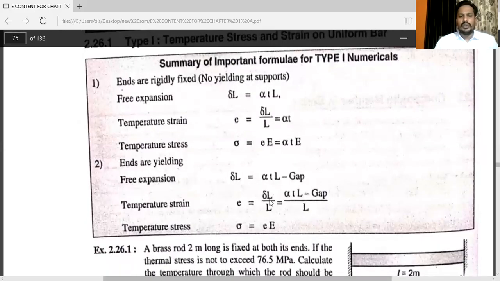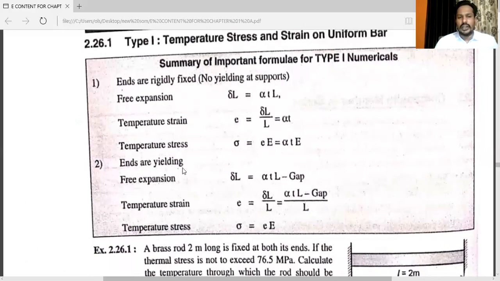Temperature strain e is equal to delta L upon L. If the condition is ends are yielding, then alpha into T into L minus gap upon L, and temperature stress sigma is equal to small e into capital E, that is strain into Young's modulus.